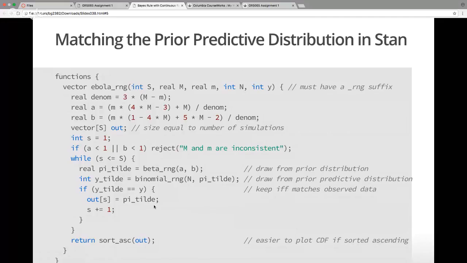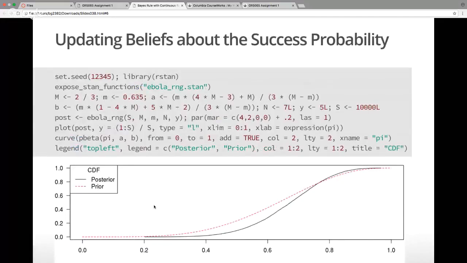If not, it doesn't satisfy the condition of my data, then I'm going to throw it back. So it's just like fishing. And now you get updated draws from the distribution of the cure probability pi, which you can then easily plot.